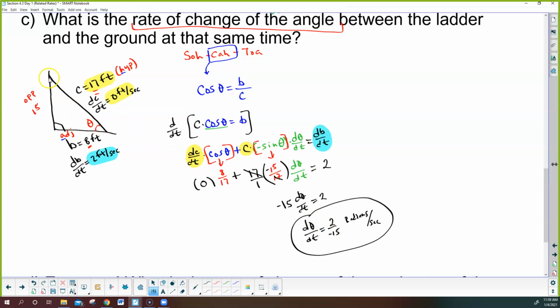Now, why did I know that I forgot a negative? Well, if the ladder is falling down, your angle is changing. It's getting smaller, right? As the ladder gets closer to the ground, this theta is getting smaller, which means its rate should be negative. When I was thinking of dividing this over, I thought I was going to get a positive 2/15, which means the angle would be growing.